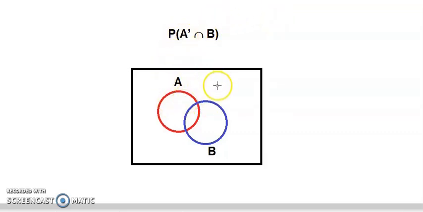A prime means does not belong to A. So this is A prime, and this one is also A prime, not belonging to A. But now we want A prime intersect B. So the yellow area here will be A prime, the area that does not belong to A. Where is B?